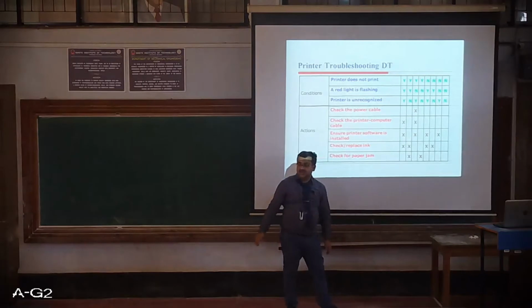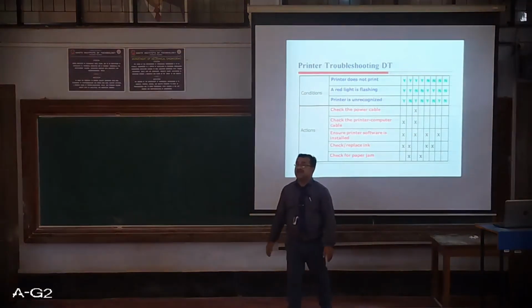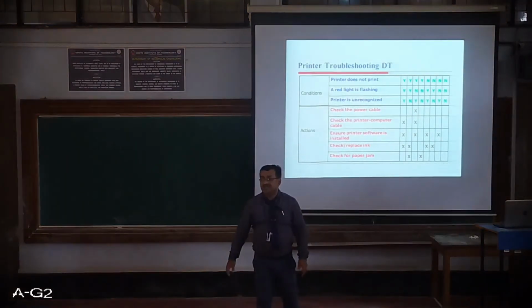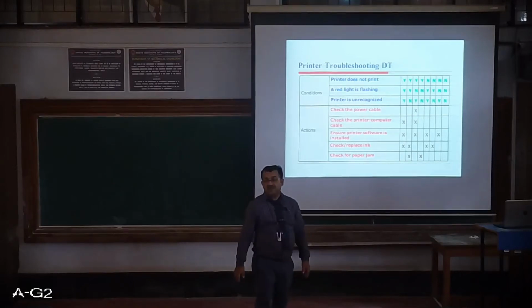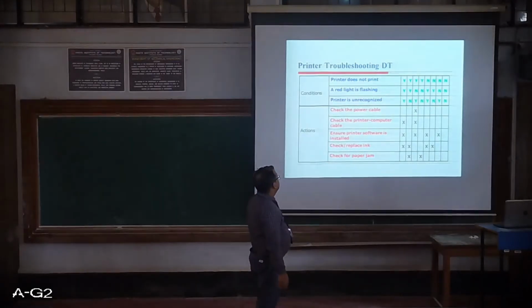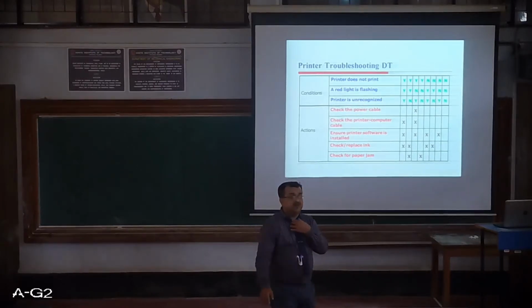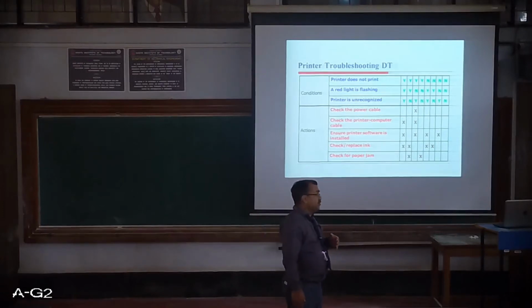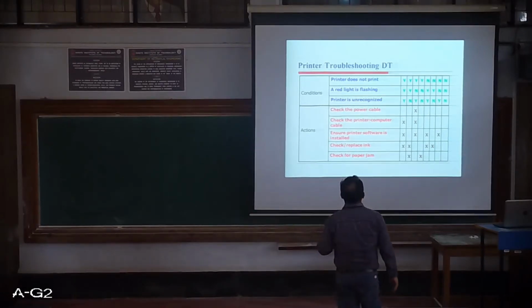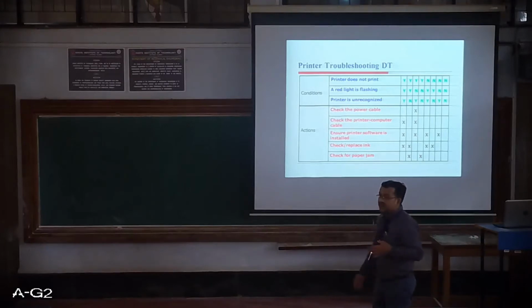Either of these two or both can be the cause of these conditions. So for printer troubleshooting, we can have a decision table of this sort to identify what problem has actually occurred, which gives you a very clear picture of how a decision table works.